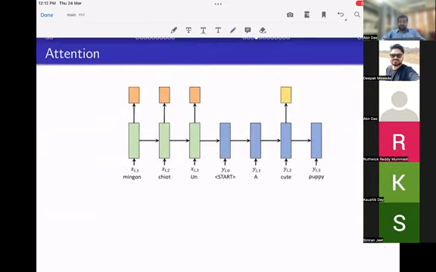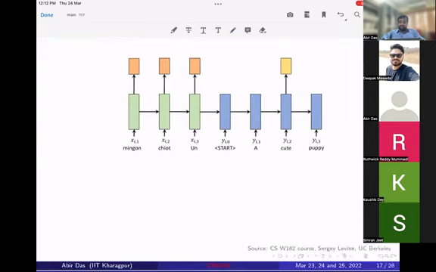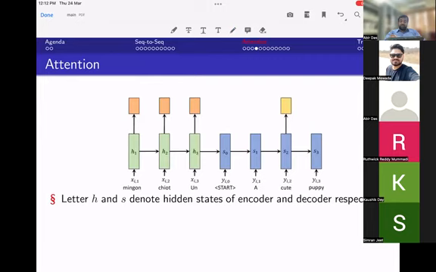We will denote the hidden states of the encoder and the decoder with the letters H and S. We were denoting the hidden states of all these time steps by the letter H, but just so that we don't confuse the encoder hidden state and the decoder hidden state, we differentiate them by two different letters: H for the encoder side, and S for the decoder side.